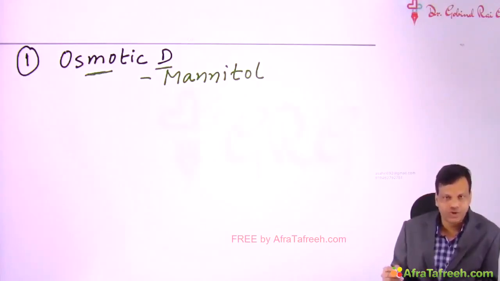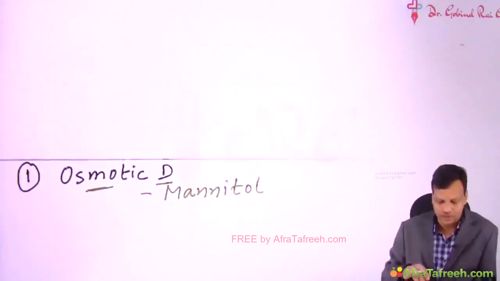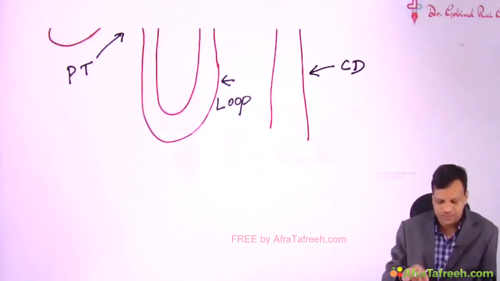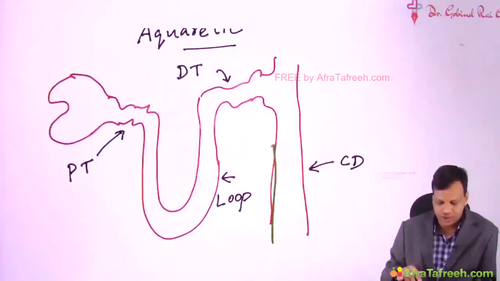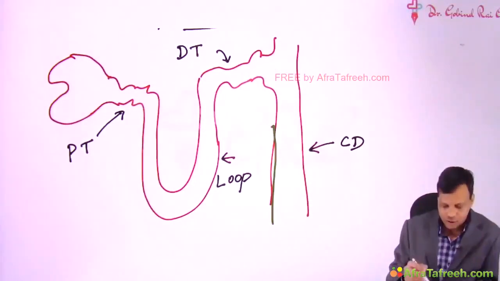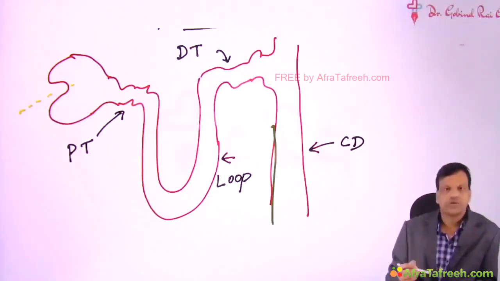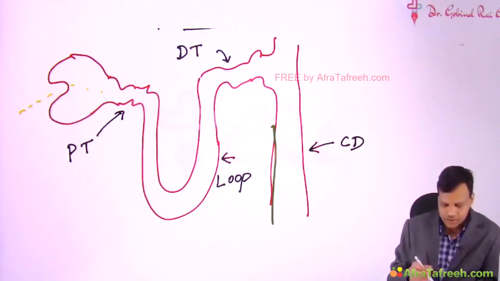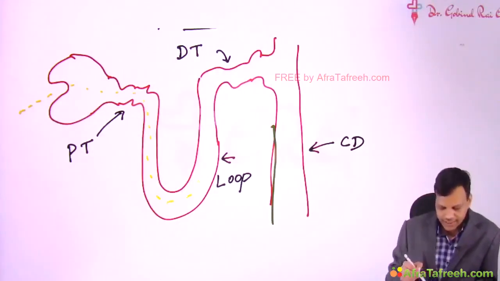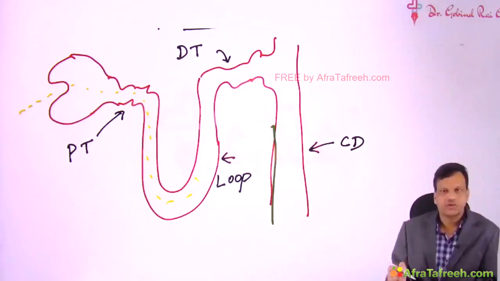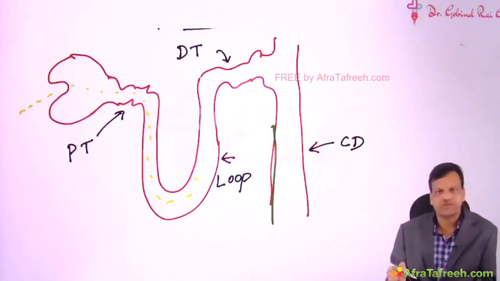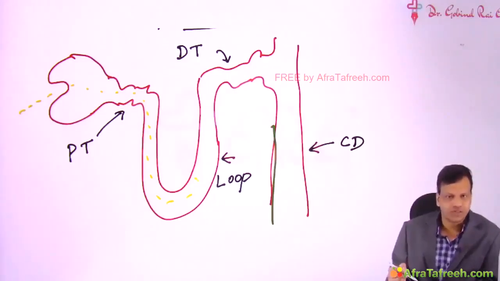So for a drug to act as an osmotic diuretic, what should be the properties? The first and the most important property is that the drug should be freely filtered by the glomerulus. If a drug comes in the glomerulus, in the nephron, only then it can attract water there.